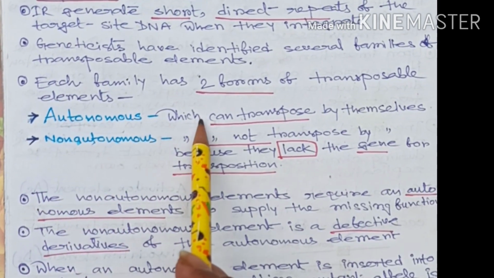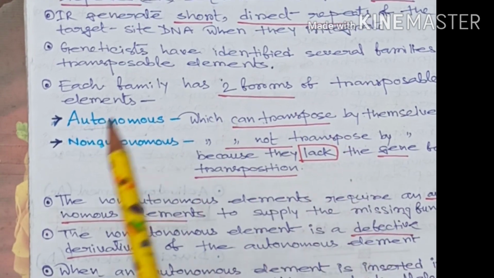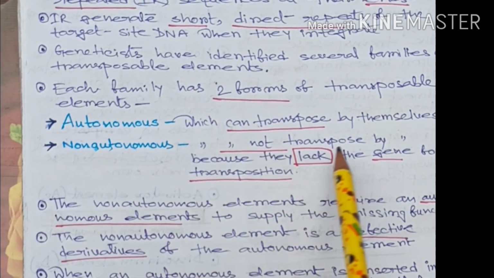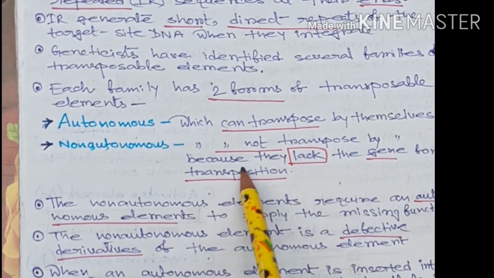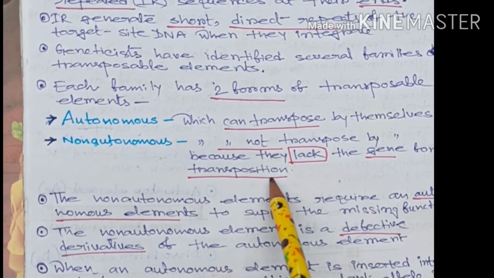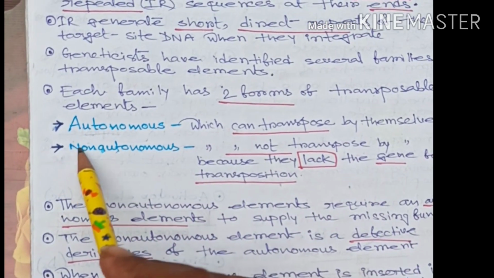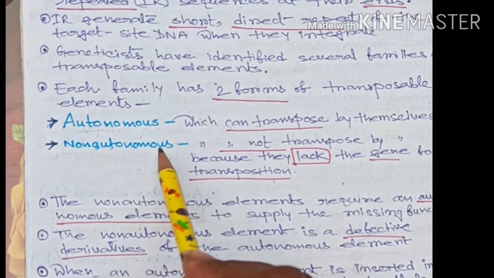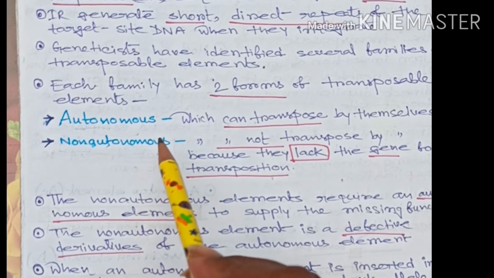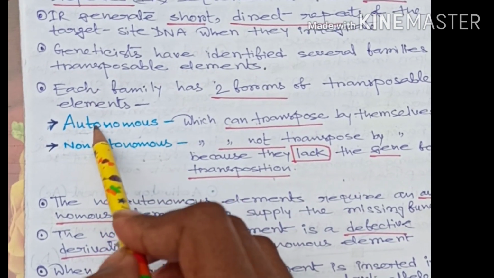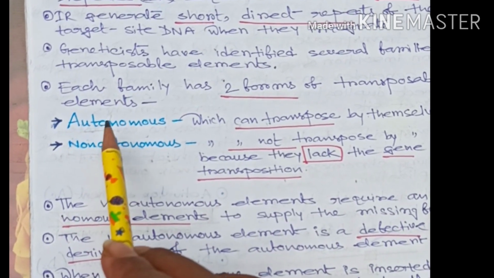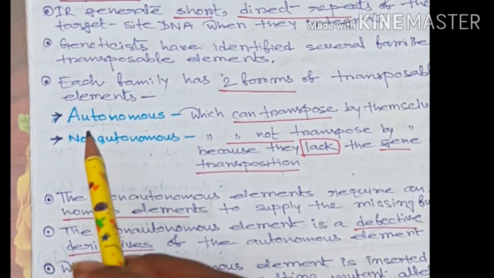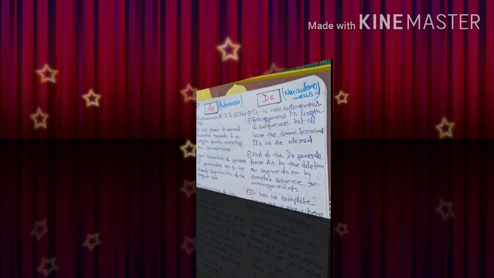Autonomous means which can transpose by themselves, and non-autonomous cannot transpose by themselves because they lack the transposition gene. A non-autonomous family of transposable elements requires an autonomous family of transposable element for its transposition.